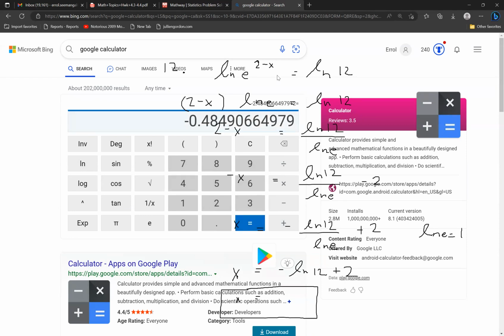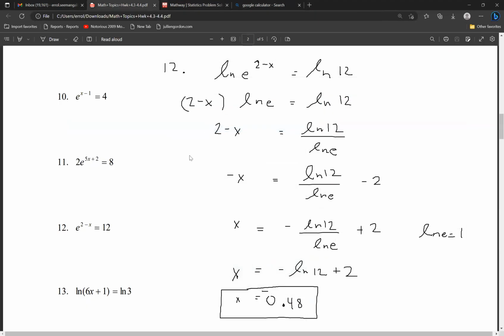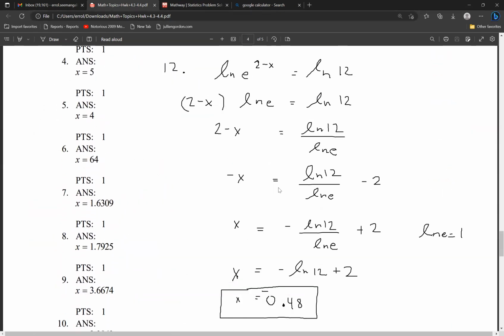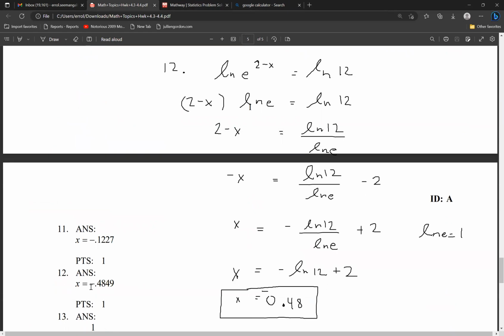Negative 0.48. Let's check that. There you go. Negative 0.48, right? That's 12.